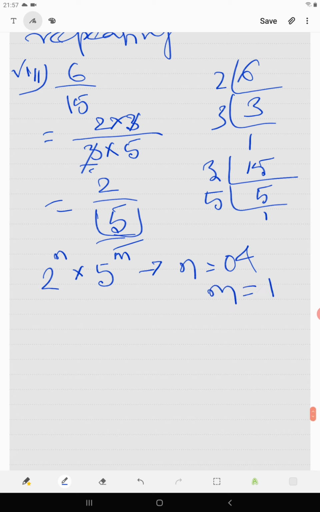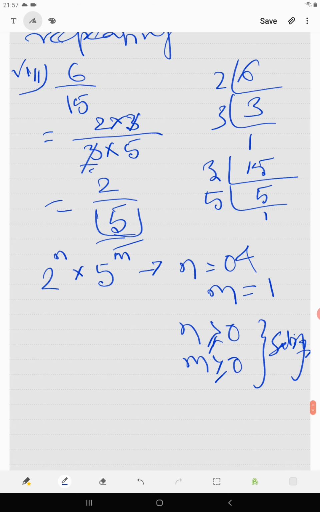So n should be greater than or equal to 0 and m should be greater than or equal to 0. So both are satisfied. Hence 6 by 15 is terminating.